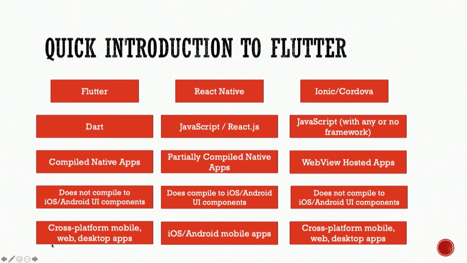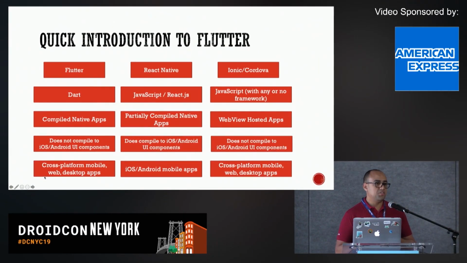One of the biggest advantages of Flutter is that it gives you a fully compiled native application, which gives you the best possible performance because it takes your code and generates the native code that can work on Android and iOS. React Native doesn't really give you this. React Native gives you a partially compiled native application because you have a JavaScript bridge that communicates with native threads through some sort of bridge using WebSockets.